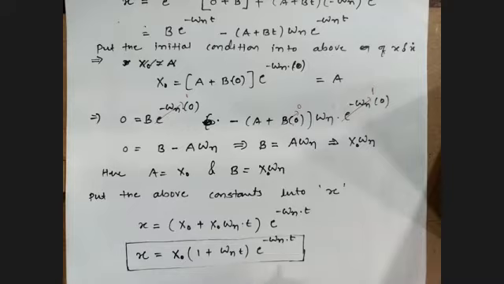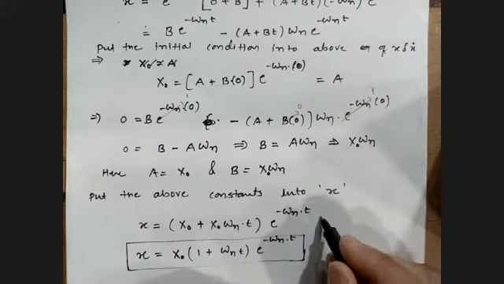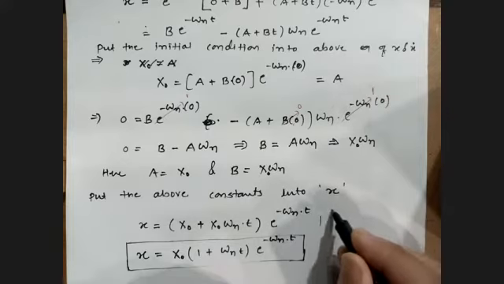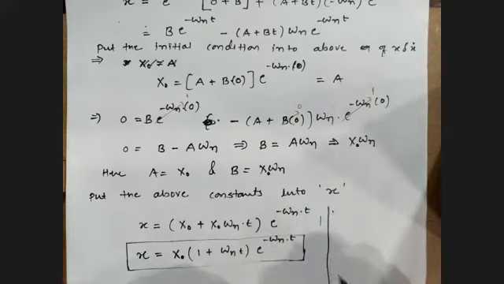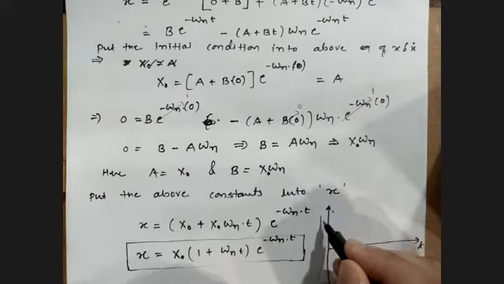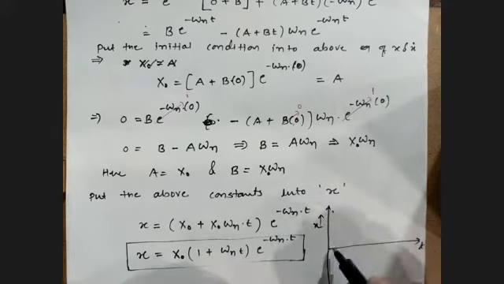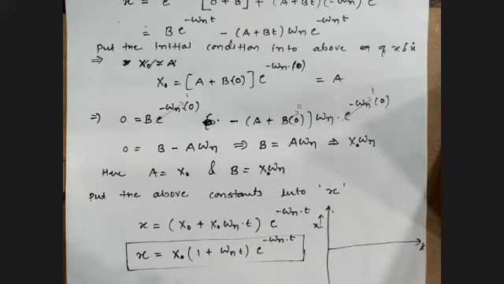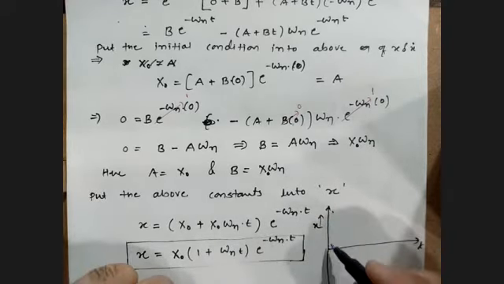And if you draw the response curve, it could look like this. Let's consider this is the time variable and this is the displacement variable in this direction, and if you draw the response, then it could look like this.